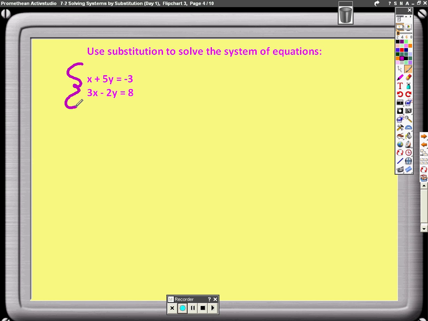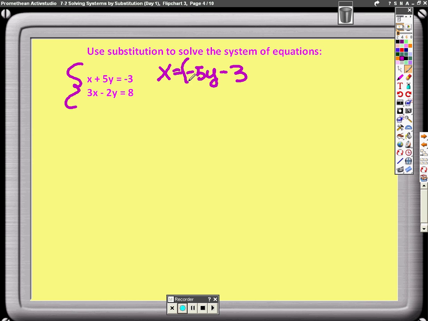And I notice in the first equation I have x with no coefficient. So that's going to be the easiest one to do. And to get x by itself, I have to subtract 5y from both sides. And I end up with x equals negative 5y minus 3.